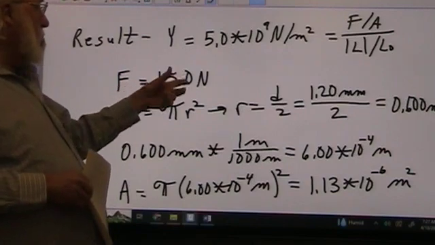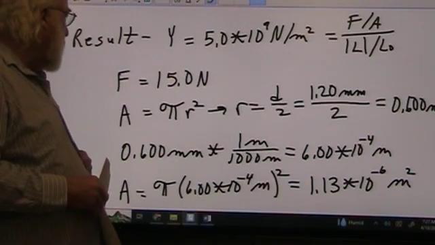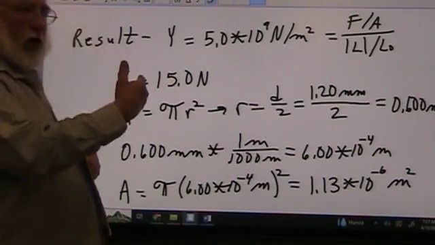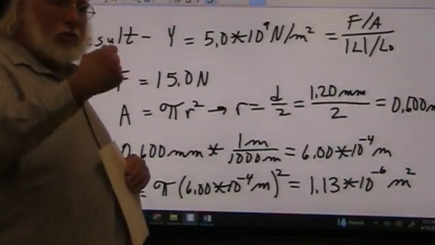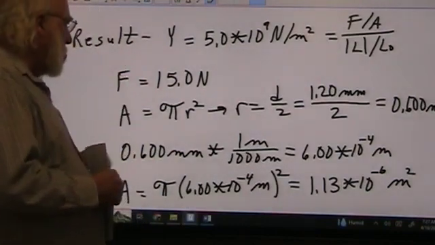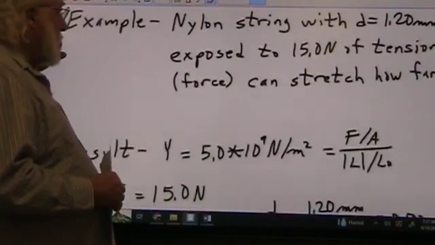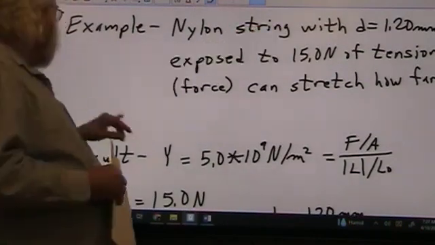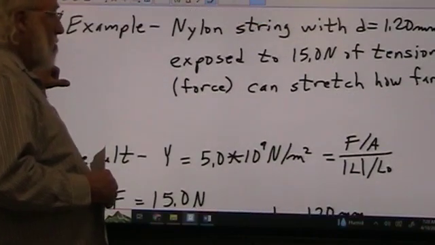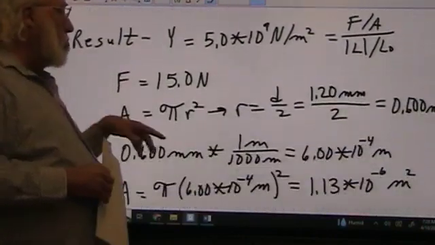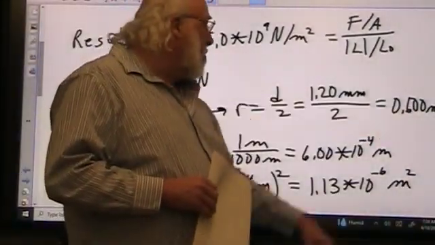The force in this problem is 15.0 newtons. The area, when you take the cross section of the piece of nylon, we're assuming is a perfect circle, so that's pi r squared. We have to change the diameter of 1.20 millimeters to the radius of 0.600 millimeters.